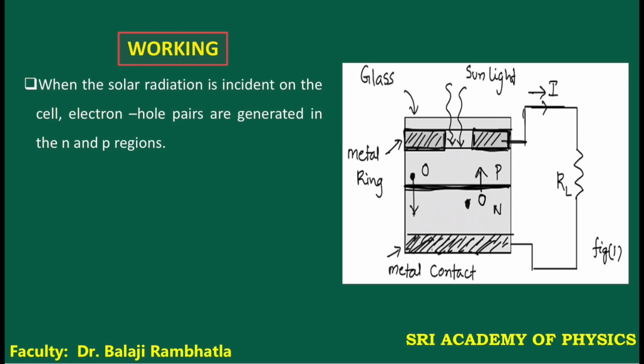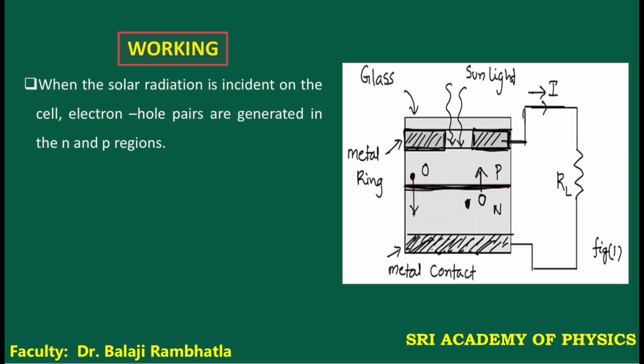Suppose the sunlight is incident on the P region and N region, it will produce holes and electrons in the P region as well as the N region. Now, due to diffusion, these holes and electrons move towards the depletion region.